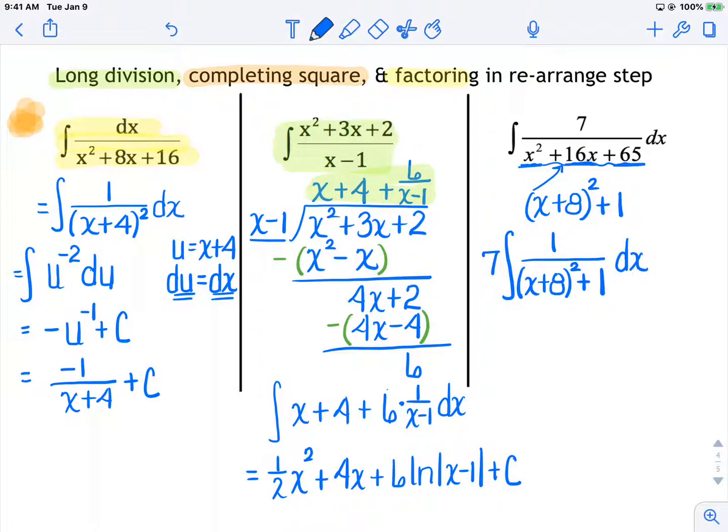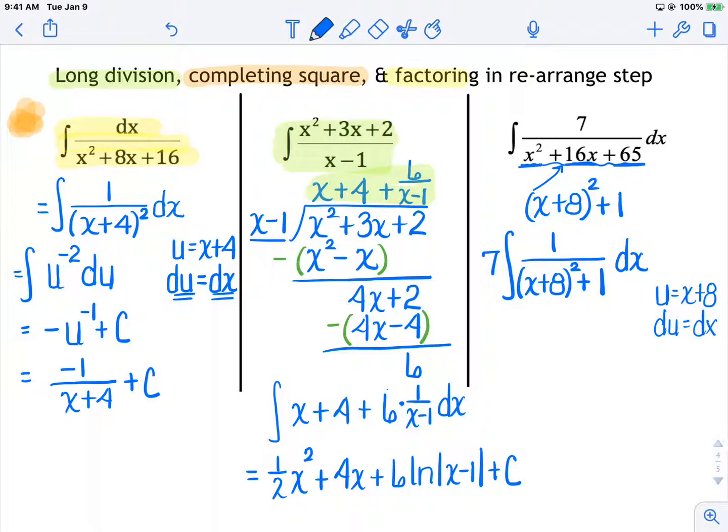In looking at this, I see an inverse trig expression in here. So what I'm noticing is it's something squared plus 1 in the denominator. So if I were to make my u x plus 8, my du would just be dx, which is handy.